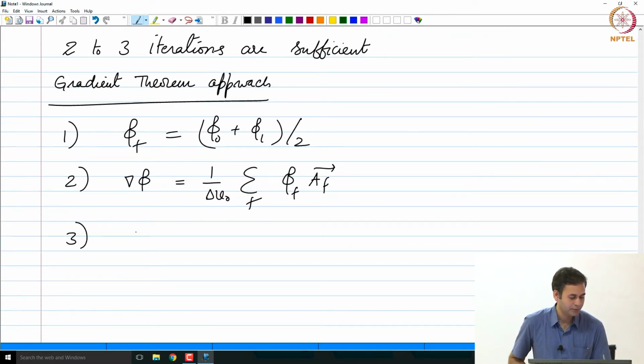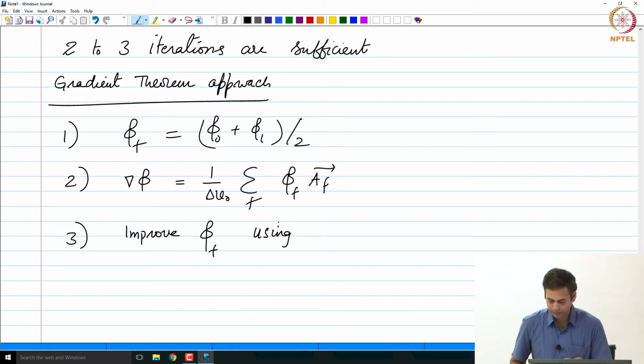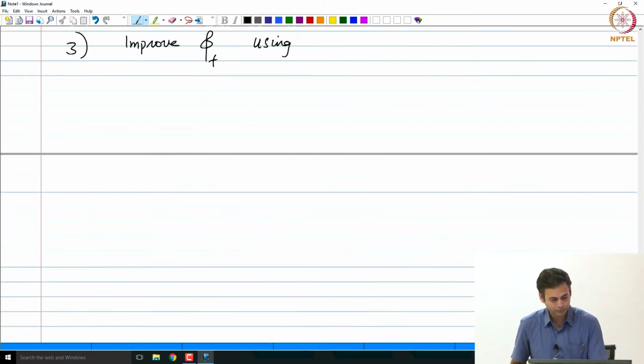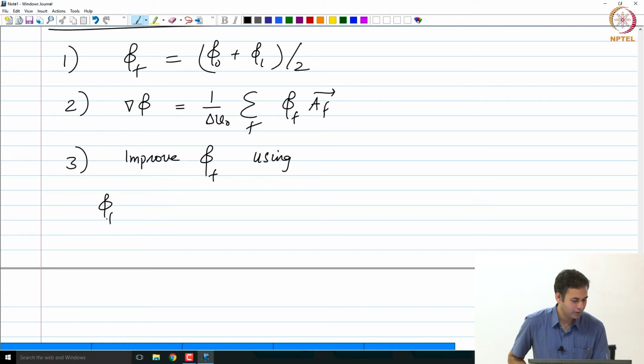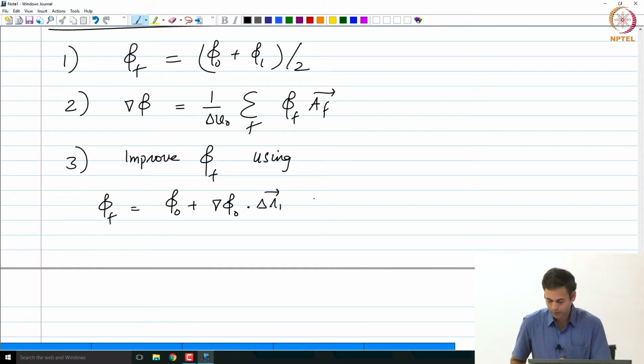Then once you have calculated gradients for all the cells, improve phi f using what? Using phi f equals phi 0 plus grad phi 0 dotted with delta r, did we use delta r 1 or r 0? R 0, okay, plus phi 1 plus grad phi 1 dot delta r 1 bar, divided by 2.